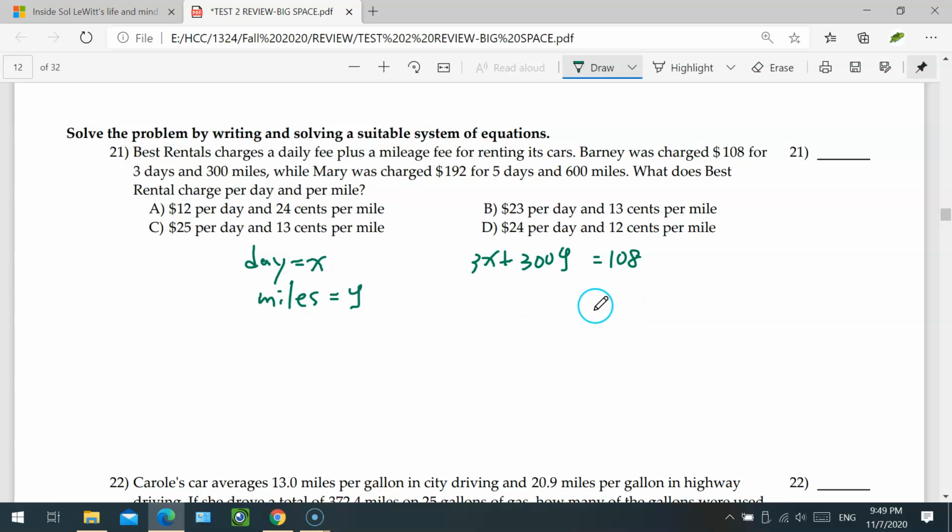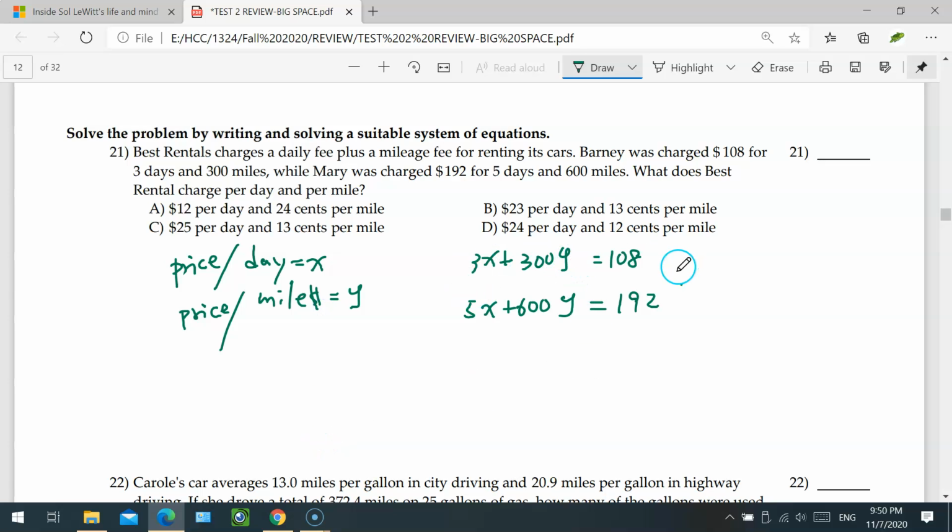For Mary, she spent $192 for 5 days, so 5x plus 600 miles, 600y. So now we have two equations, right? And by the way, I should put here that x is the price per day, and y is the price per mile.